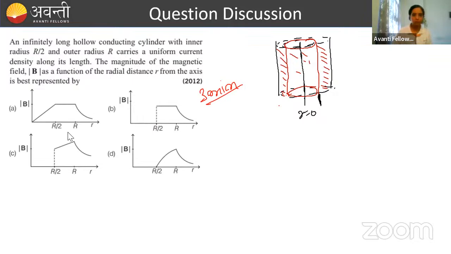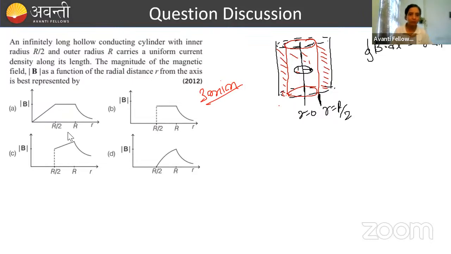Okay, Jinvi Shimoga. Again, the same mistake you have made also. So if this is r equal to 0 and this is r equal to r by 2, and if we take any point in between these two, suppose I'm taking a point here, and if I'm going to apply Ampere circuital law through this, B dot DL equal to mu naught I enclosed.